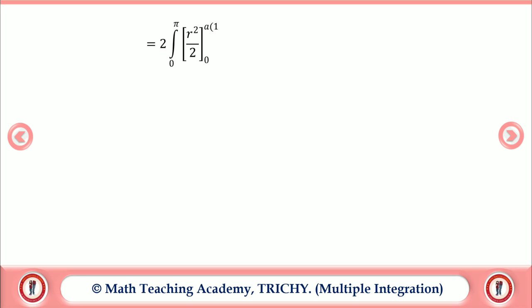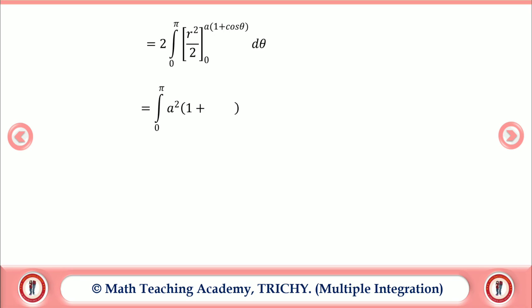So that is equal to twice integral 0 to pi, and then integration of r gives r squared by 2, and then apply the limits 0 to a into 1 plus cos theta and keep d theta as it is. Now apply a into 1 plus cos theta in place of r and then apply 0 in place of r.